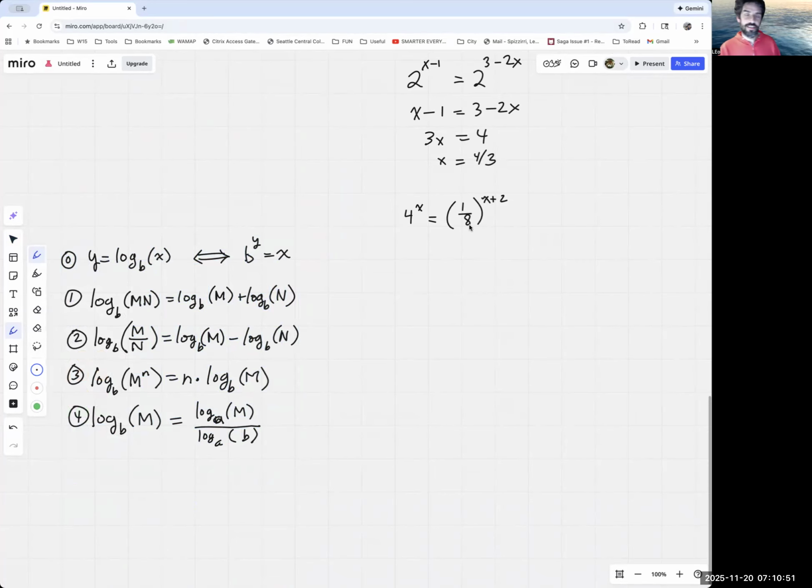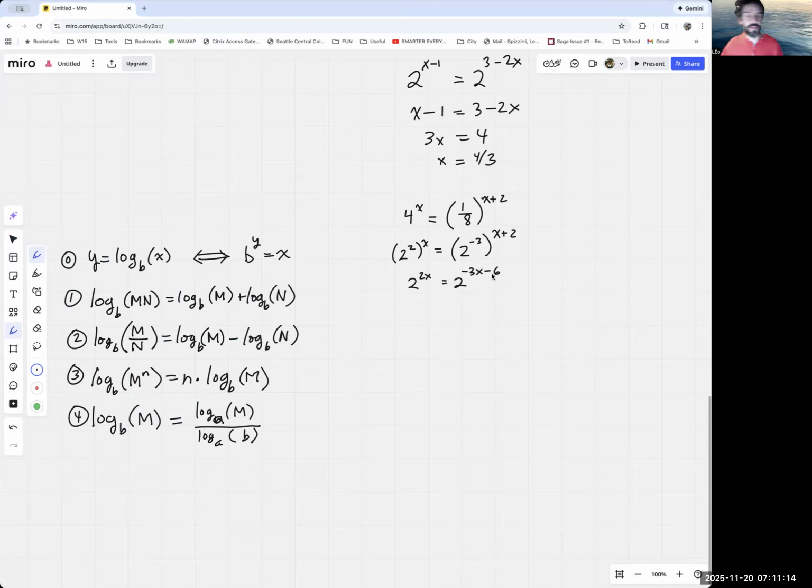And these are not in the same base. However, 4 is the same as 2 squared, and 1/8 is the same as 2 to the negative third. And then by the rules of exponents, I just multiply those exponents. I get 2 to the 2x is equal to 2 to the negative 3x minus 6.